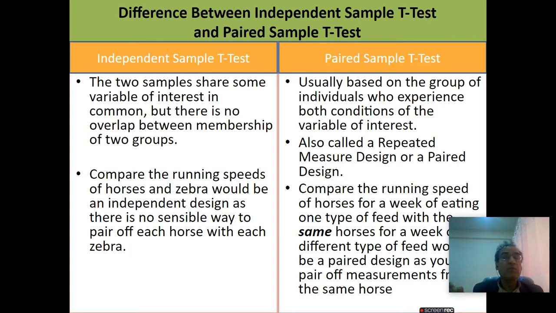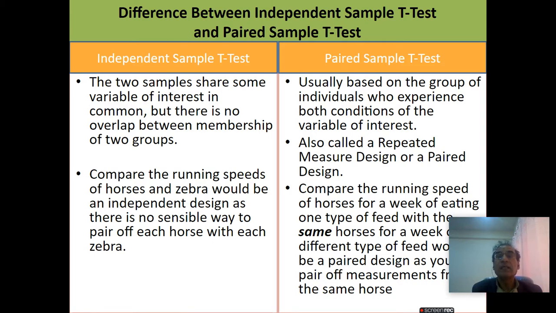It means we take two independent groups. For example, comparing the running speed of horses and zebras would be an independent design, as there is no sensible way to pair off each horse with each zebra. So we compare the two groups, not individuals one to one.